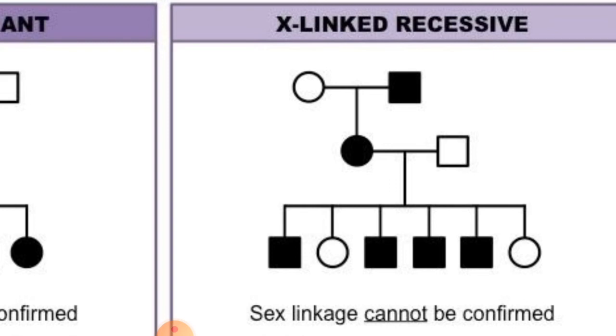If this male had an affected X chromosome, he passed it on to the daughter, and this daughter again passed it on to the sons. So from father to daughter, daughter to the sons, again a zigzag pattern of inheritance.